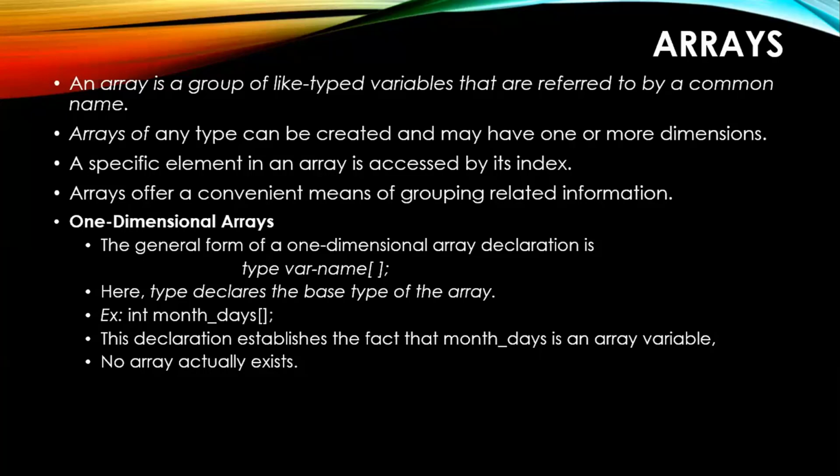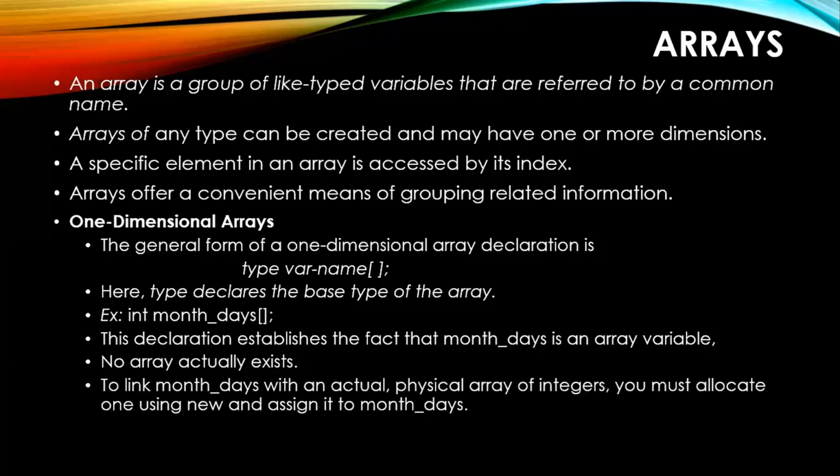Once you declare, it will only keep in mind that you wanted an array, but existence will not be given. Only the declaration is kept in mind. Whenever you use the keyword new, it will create some memory for you.